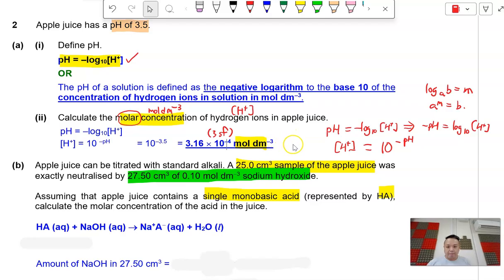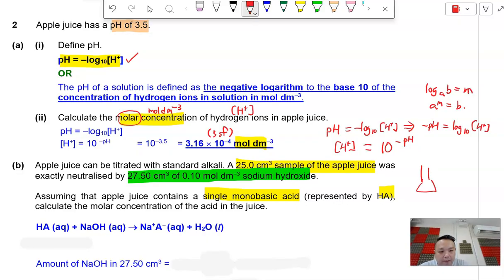We move on to part B. In part B, you're doing titration with apple juice. This 25 cm cube sample of apple juice indicates that the apple juice is inside the conical flask. It's an aliquot, so you use a pipette to pipette 25 cm cube, and what's going in is your NaOH.